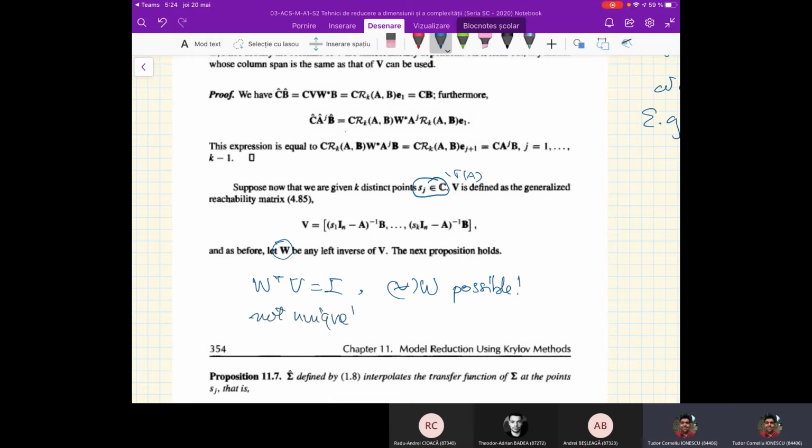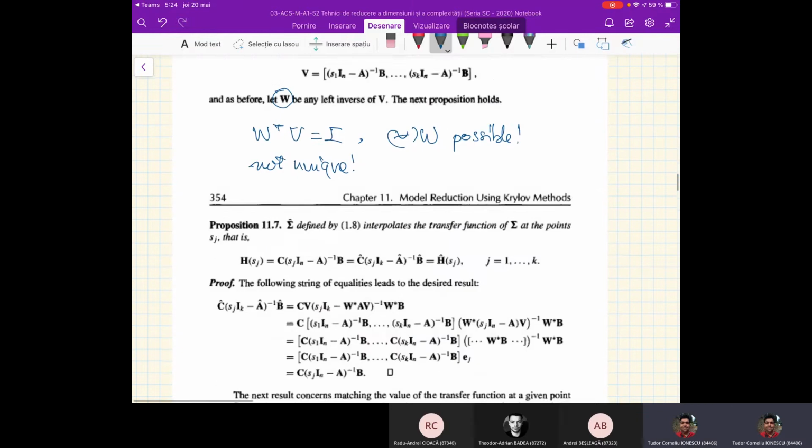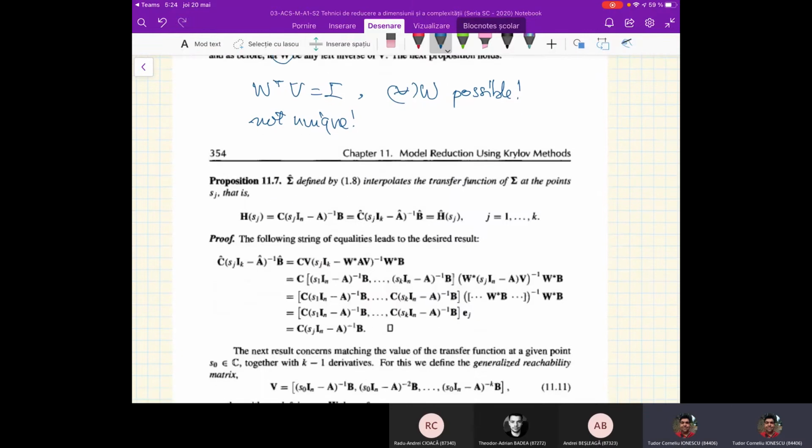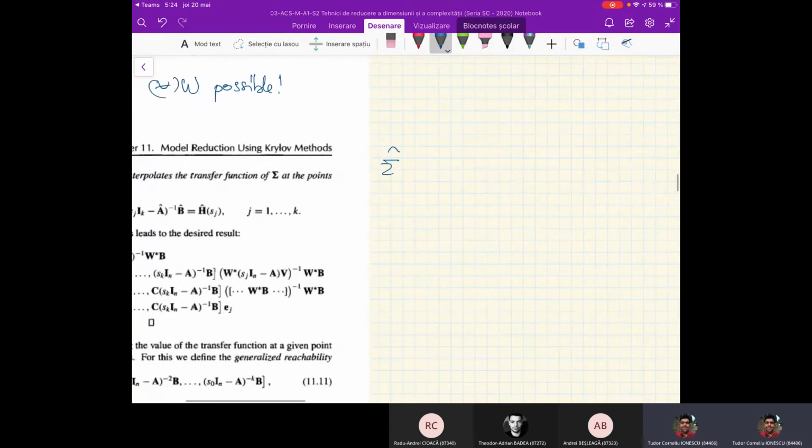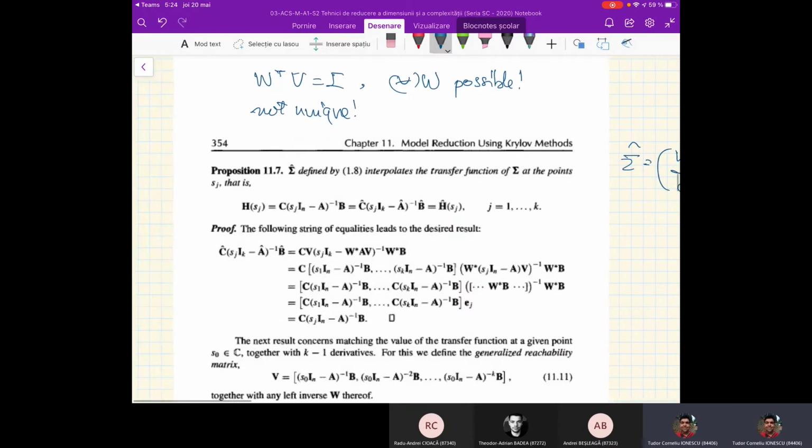And then you have this proposition. Let's recall that sigma hat is W transpose A V, W transpose B, C V. This is sigma hat.